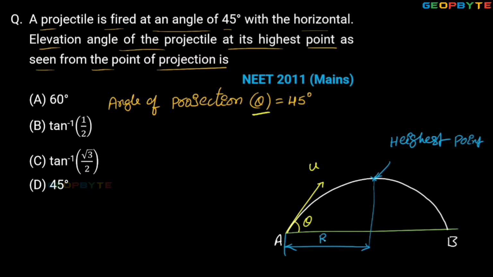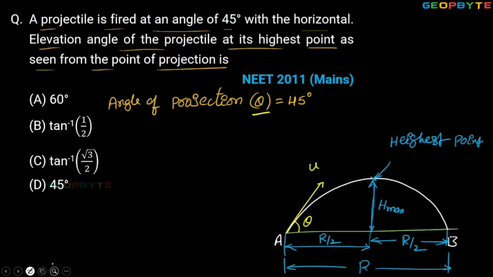This is R by 2, and this is also R by 2, because we are assuming the AB distance is the horizontal range R. And this is the maximum height H, I can also say H max.